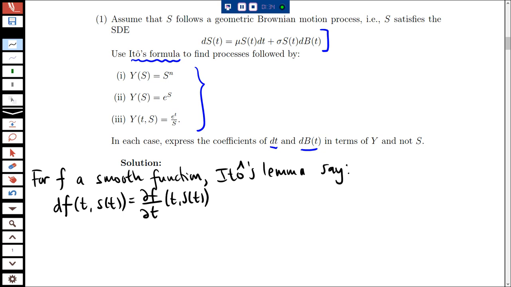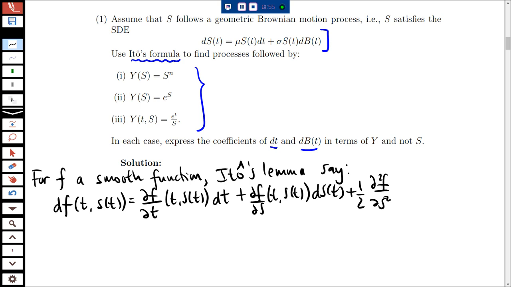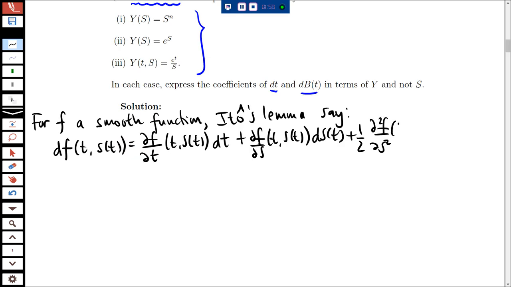So it's the partial derivative of f with respect to t, dt, the partial derivative of f with respect to s of t, ds of t, and there's this additional term which relates to the second derivative of f with respect to s, multiplied by ds of t all squared.